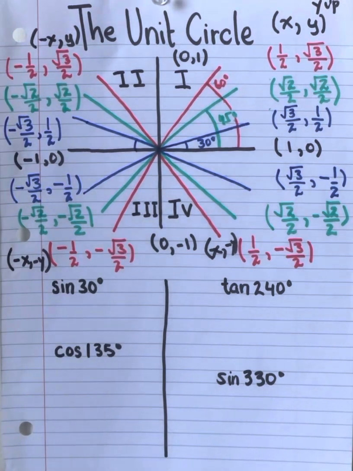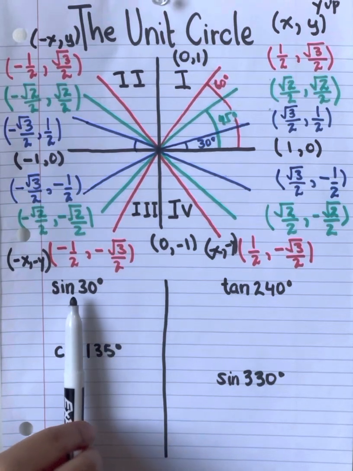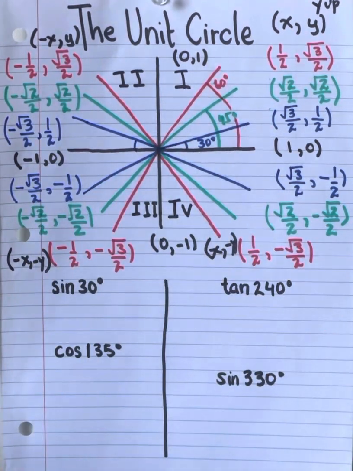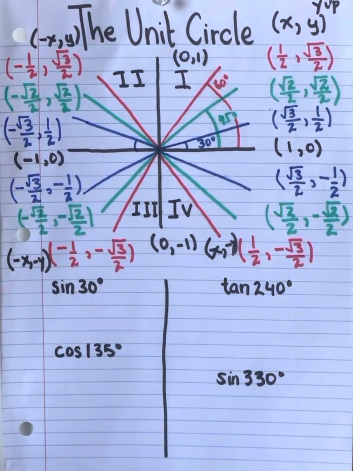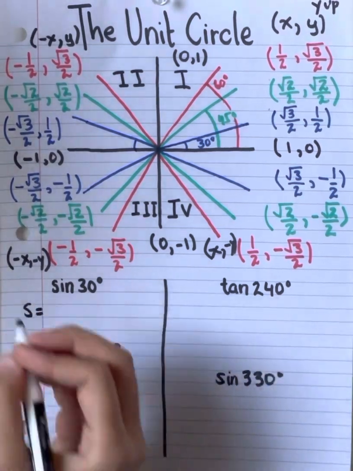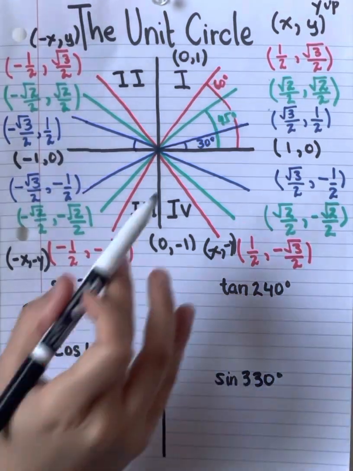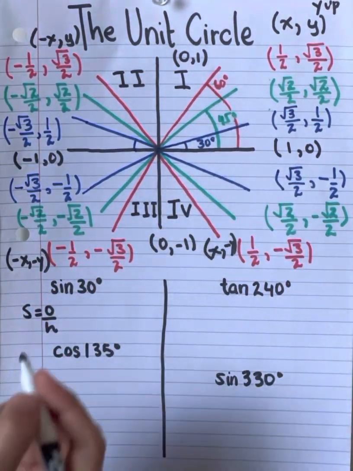Now we'll see how we can solve these trigonometric functions using our unit circle. So what's the sine of 30 degrees? Now we know sine is equal to SOHCAHTOA, so opposite over hypotenuse. And the hypotenuse here is the radius, and we know our radius is 1.